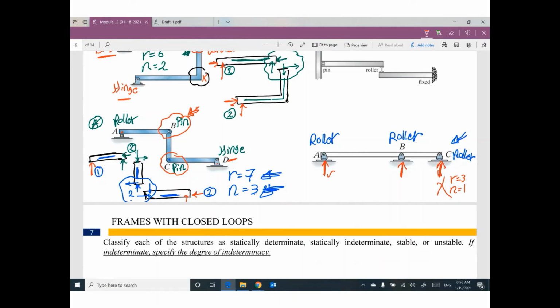All of them are parallel. Regardless of how many unknowns, reactions or equations, this structure is unstable because all reactions are parallel.